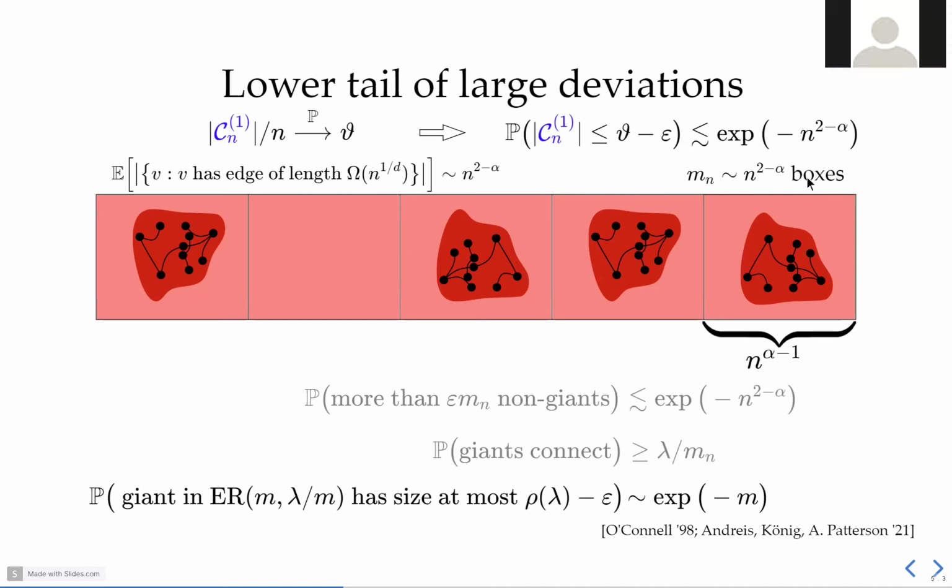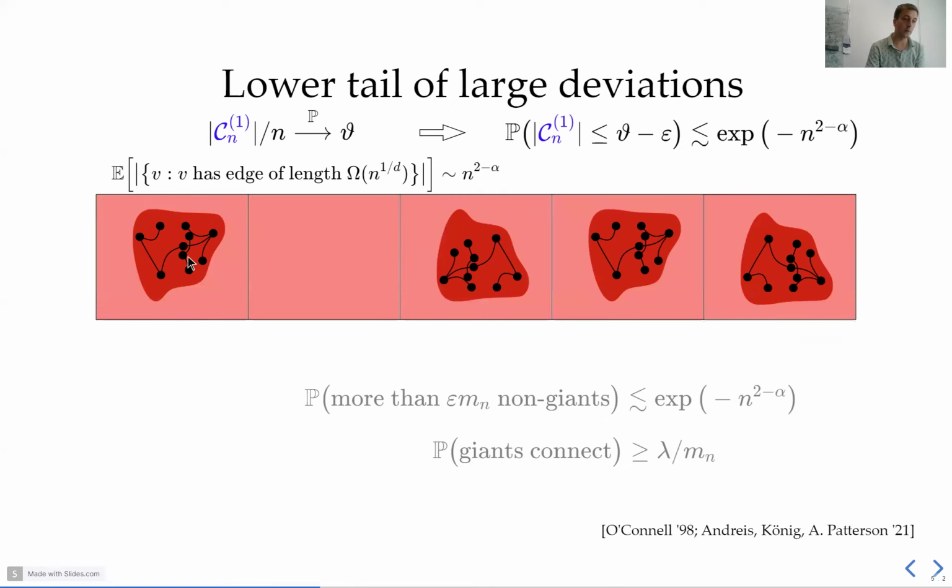Giants connect, probability of giants connect. What does giants connect mean? So okay, giants, you should think of giants as being a local giant. So that's one dark red blob. And each dark red blob is sort of an induced subgraph in a box. And this is a connected component in this box. And this is a local giant. And then here on the left, we have with probability at least 1 minus epsilon.